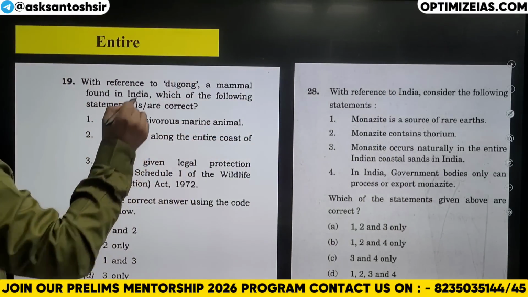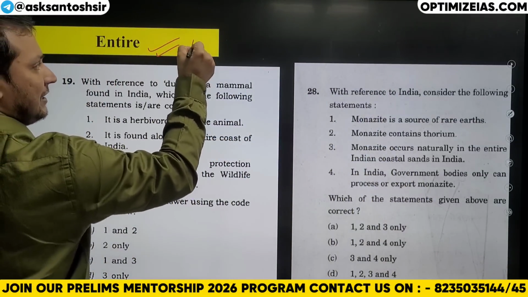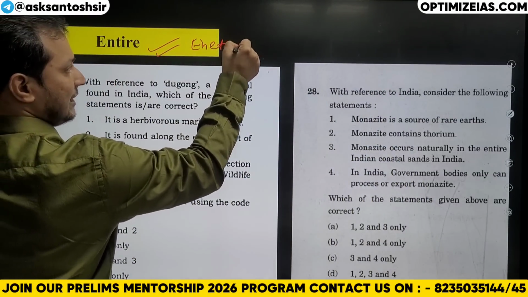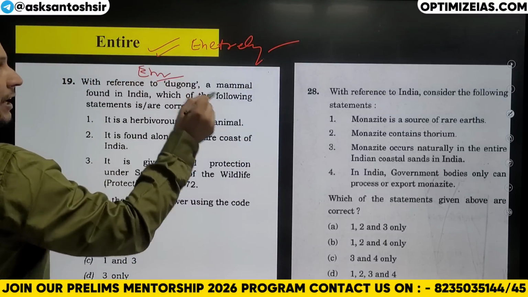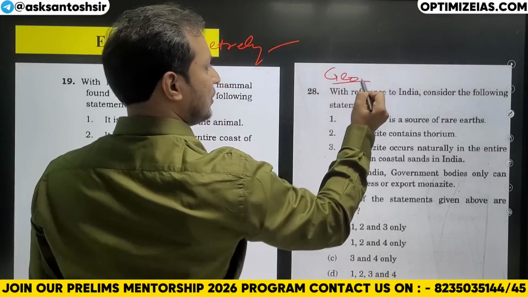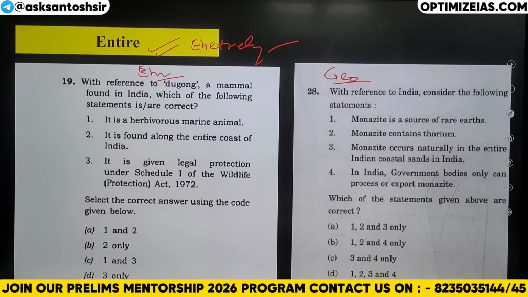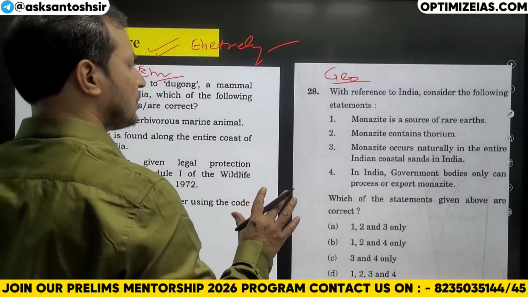Now let us come to another extreme word, "entire" or "entirely". This is an environment question and this is a geography question. I would like every one of you to just read and compare these two questions. You will observe that these two questions are basically the same, the way of framing the question is the same.